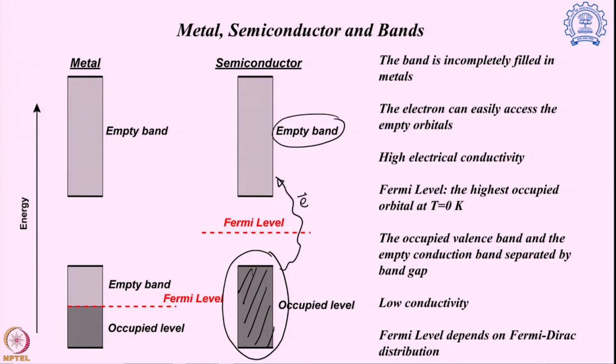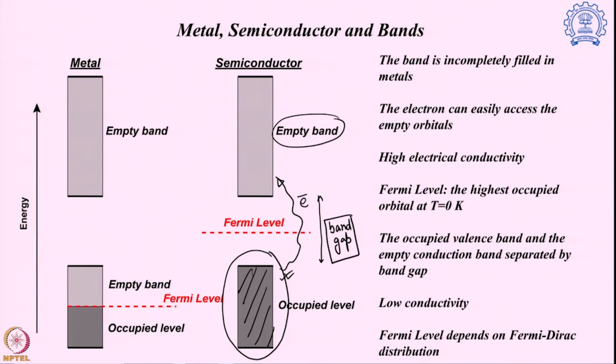However, for electrons going from this occupied lower level to the unoccupied or empty higher level, they have to cross this energy barrier, which is the band gap we discussed earlier. To cross this band gap, the electron has to have some energy.